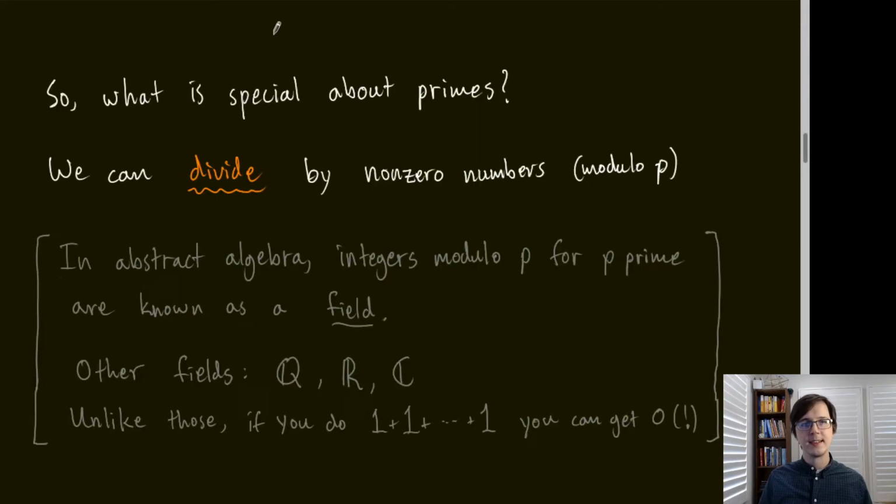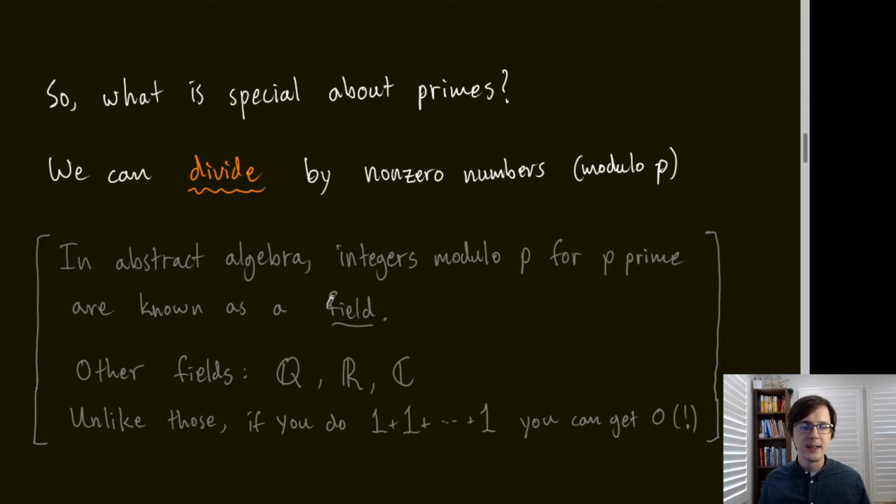Okay, so what's so special about primes? We can divide by non-zero numbers mod n, where non-zero numbers mod n means anything that's not congruent to 0, or mod p, where p is the prime. If you're going to take abstract algebra, or if you already have, I'll just mention quickly that the integers modulo p, when p is a prime, form a number system called a field.